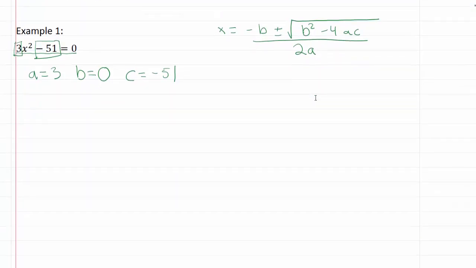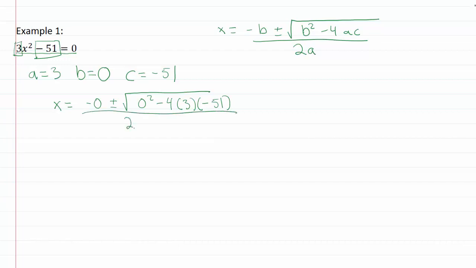So, looks to me like in this case we'll have x equals negative 0 plus or minus the square root of 0 squared minus 4 times 3 times negative 51 all over 2 times 3.